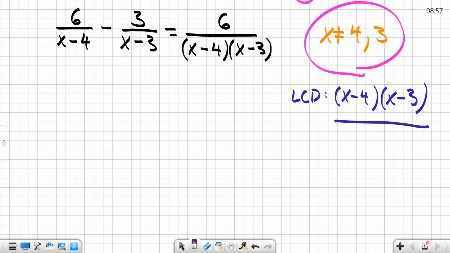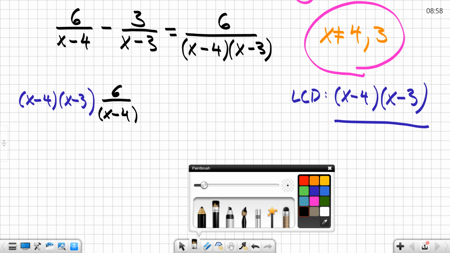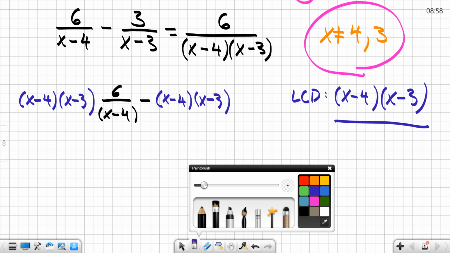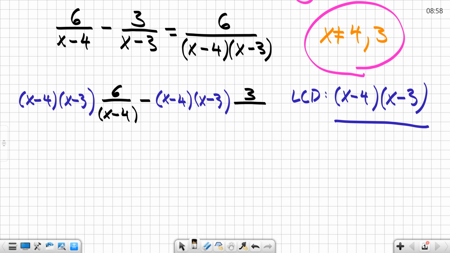Now, when we are multiplying both sides of the equation with x minus 4 times x minus 3, let's write this down, x minus 4 times x minus 3, we are multiplying this by 6 divided by x minus 4 minus, we are multiplying the second fraction with x minus 4 times x minus 3. 3 divided by x minus 3.